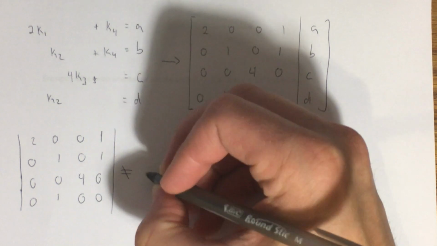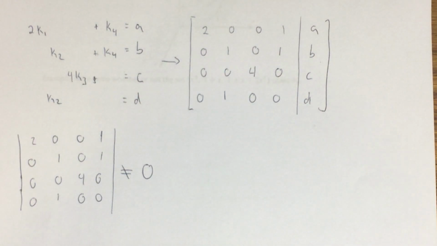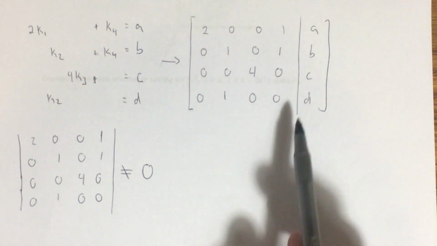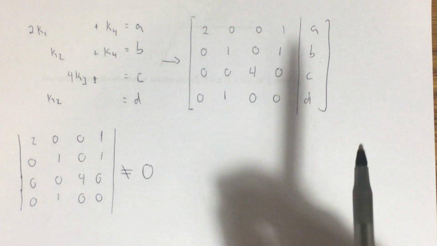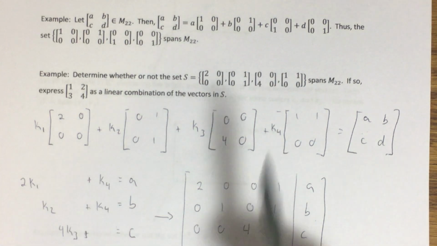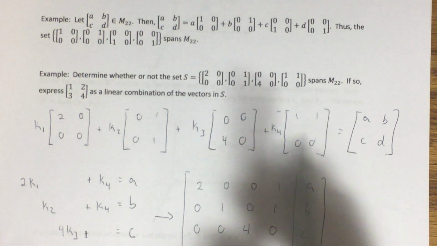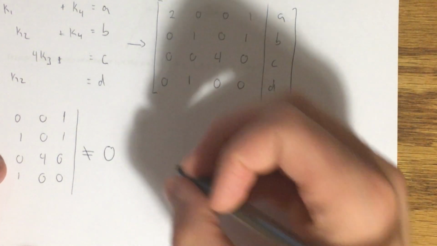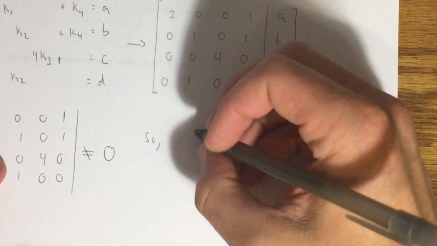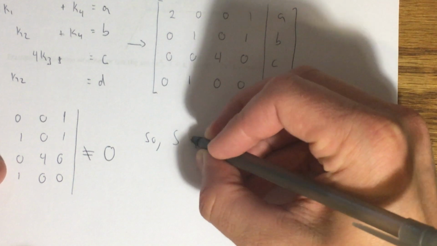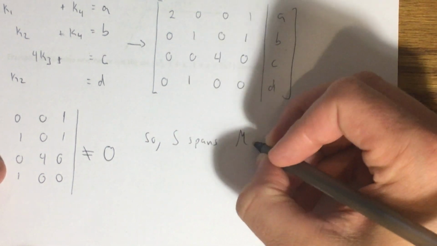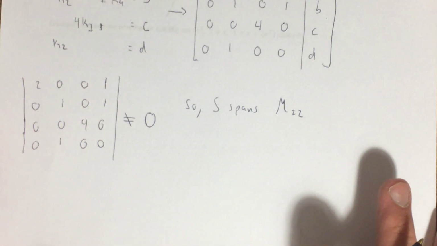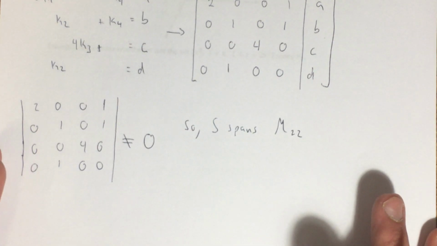But this will not equal 0, which means that this is invertible, which means that this is consistent for every choice of A, B, C, D, which means we always have a linear combination that will give us this, which means this is a spanning set for M22. So S spans M22.